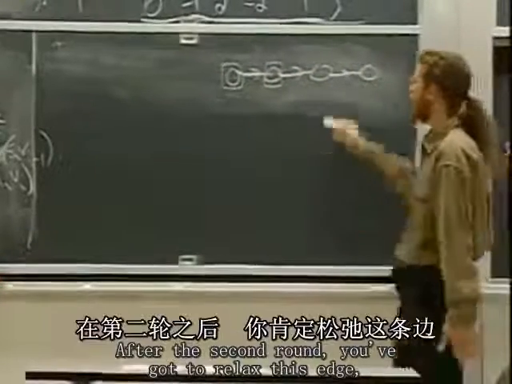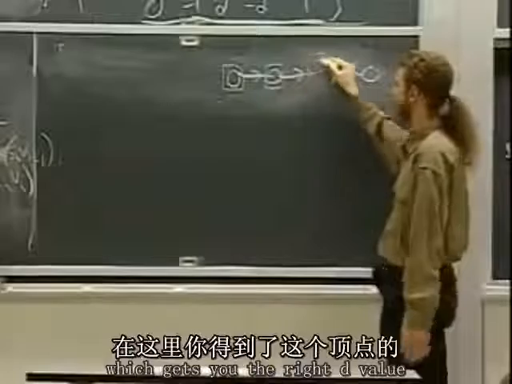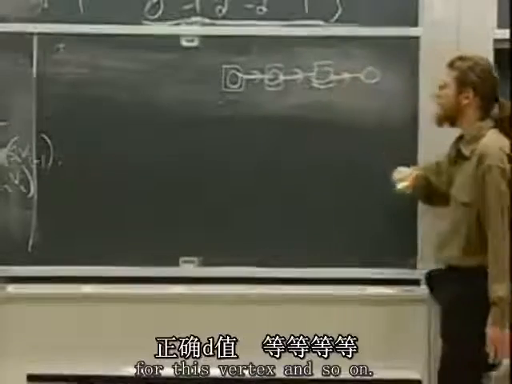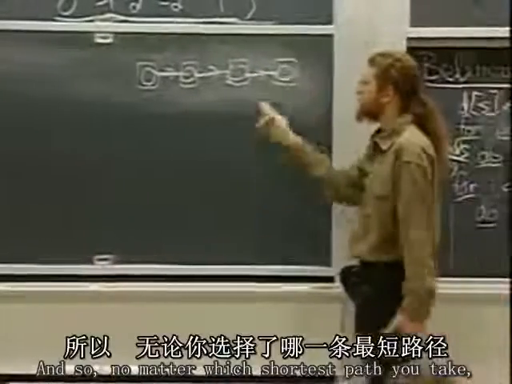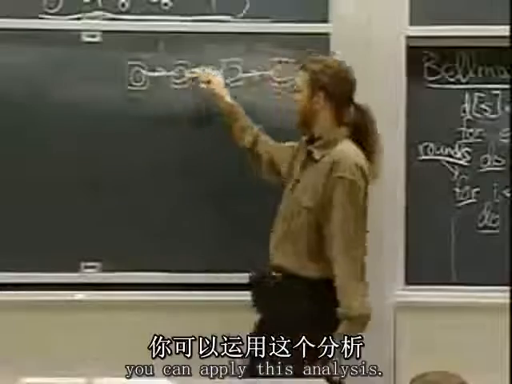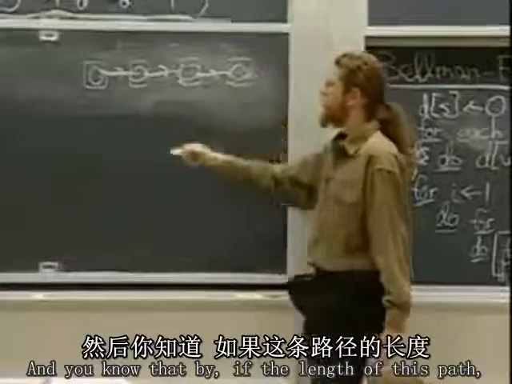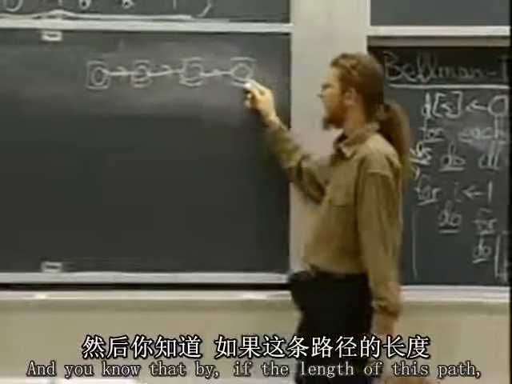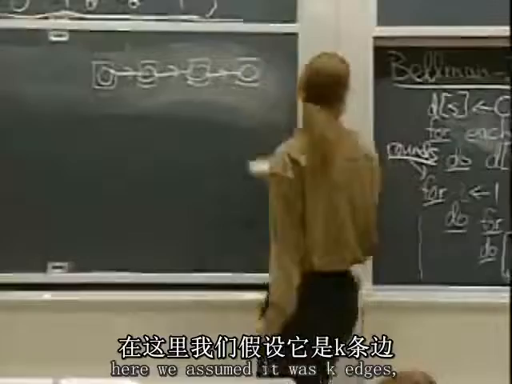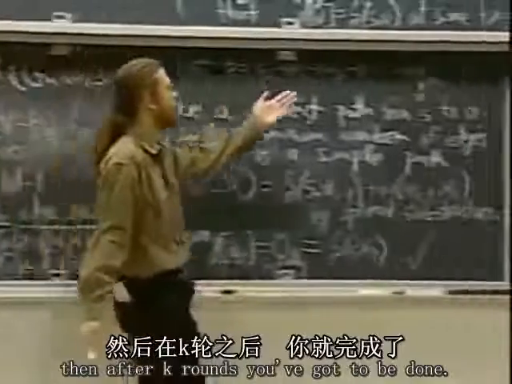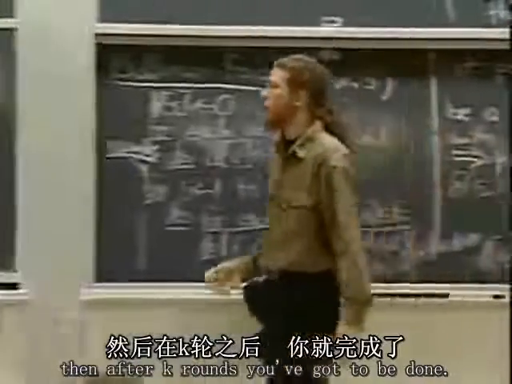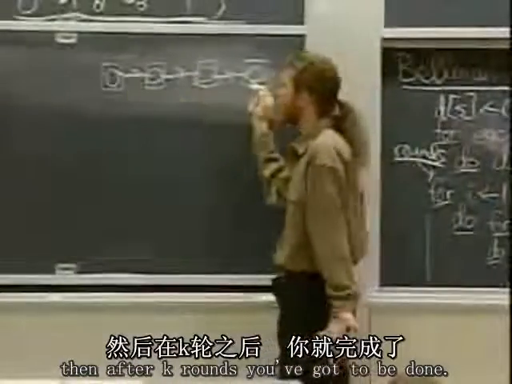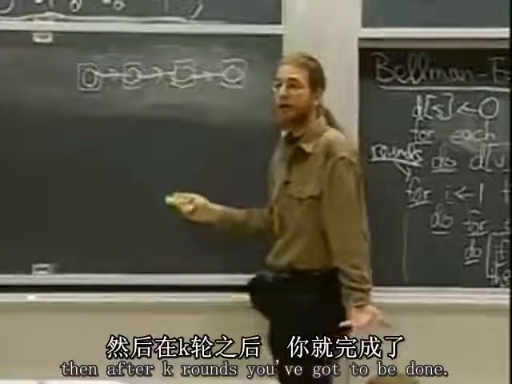After the second round, you've got to relax this edge, which gets you the right d value for this vertex, and so on. And so no matter which shortest path you take, you can apply this analysis, and you know that if the length of this path is, here we assumed, k edges, then after k rounds, you've got to be done.